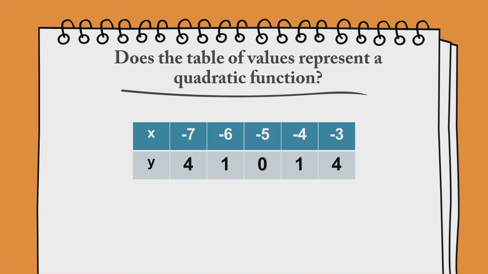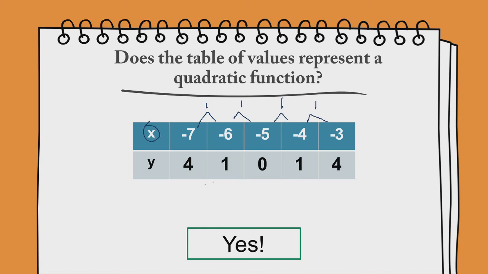Therefore, this is not a quadratic. How about this table of values? Yes, it is a quadratic function. So looking at our independent variable, the values have differences that are equal. And then, for the first difference, we have 1 minus 4, that will be negative 3. And then 0 minus 1, that is negative 1.